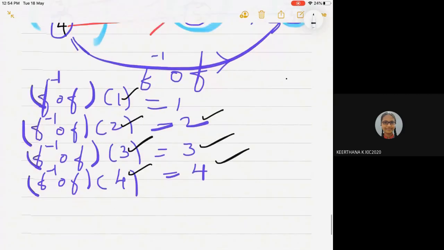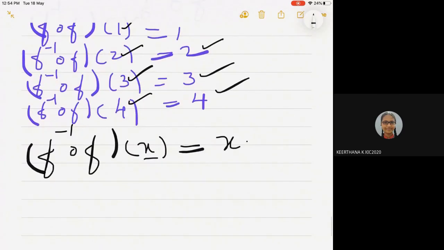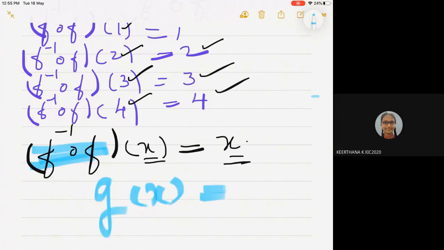So in general you can say that f inverse composition f of x is x. So the image of x is x itself. Then what type of function is this? If the image of any x under g is x itself, then g is a special type of function. What's the name of the function?